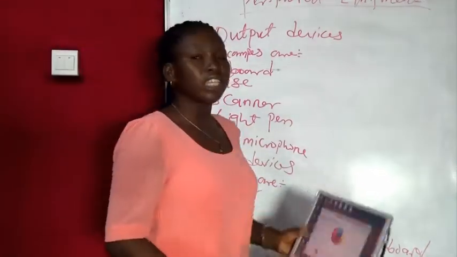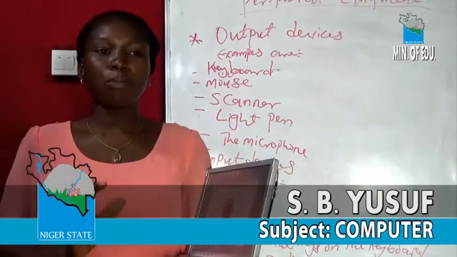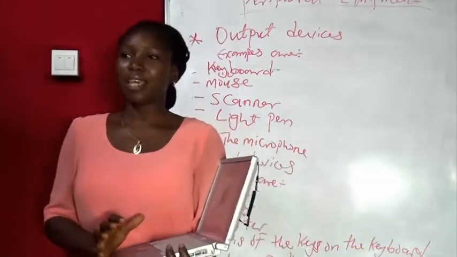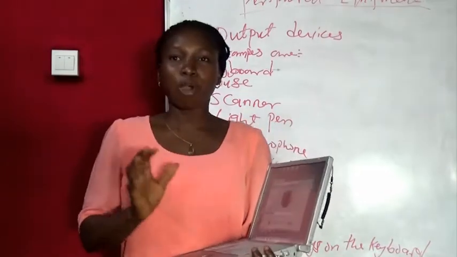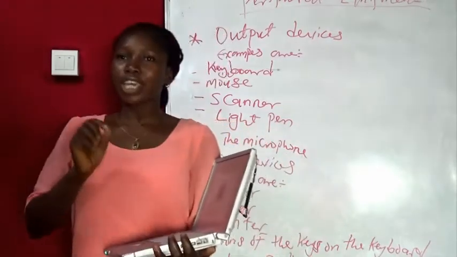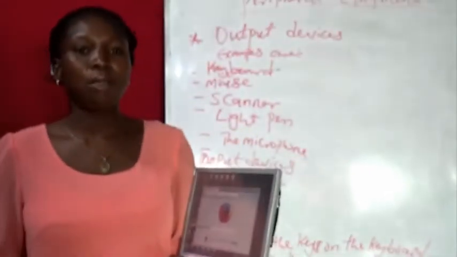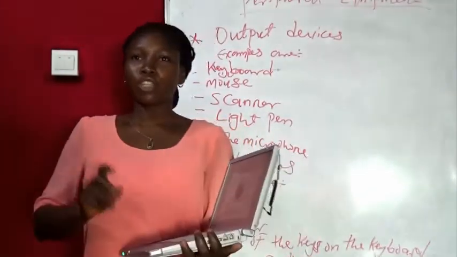Now, your keyboard is the most important part of your computer. Without the keyboard, a computer cannot function properly. Yes, we now have some computers that come with touch screens, but still your keyboard is the major part that you can use in your computer. We have 2 types of keyboard.